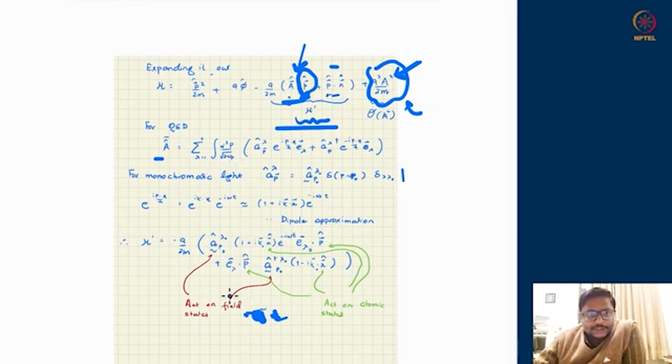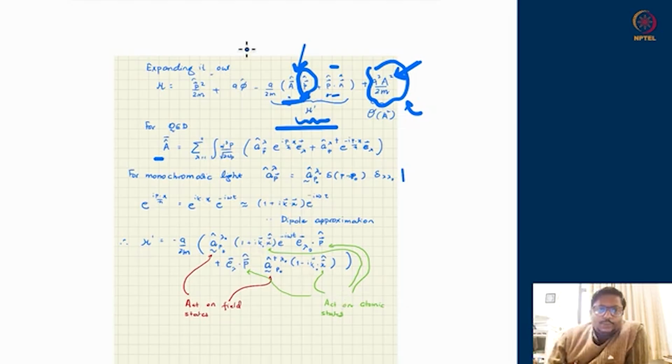But you can see an emergent structure present in the Hamiltonian over here. All the terms have a character that there are certain operators. There is an operator A which belongs to the quantum field, and then operator P which belongs to the atomic set. So there is a mixing of operators, some operators acting on the field states and some operators acting on the atomic states.